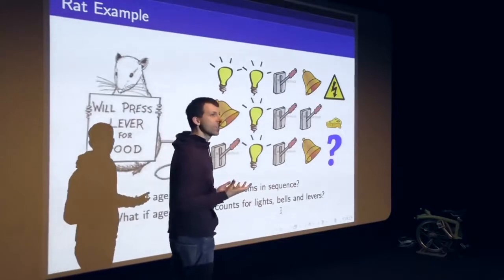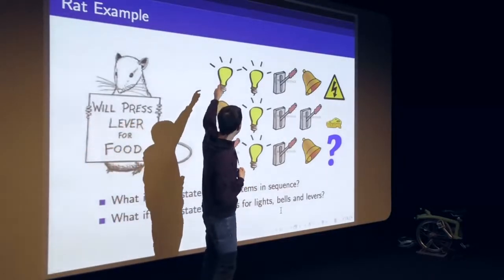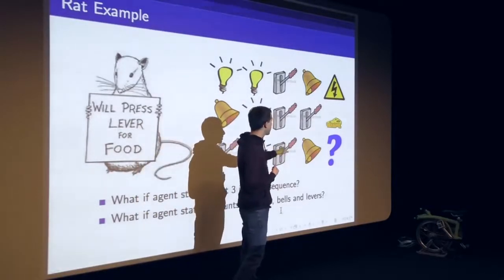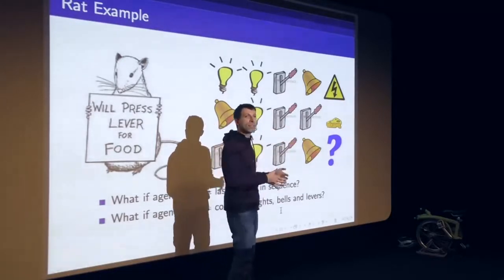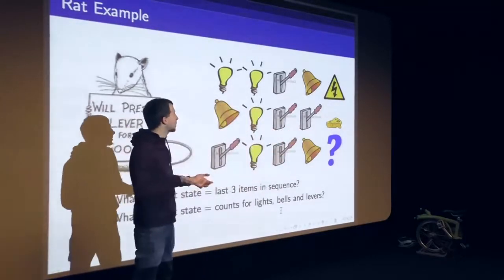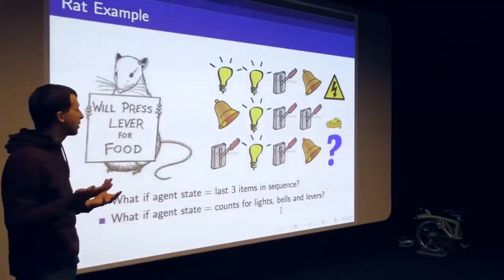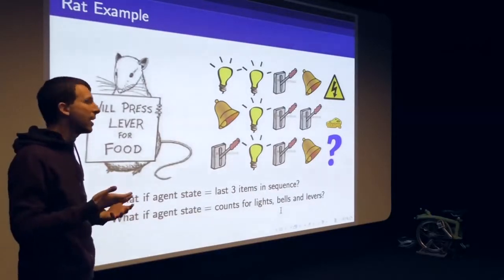So if that was your agent state, then you might count them up and say, hey, look, in this example, we see the lever being pressed twice, the light has come on once, and the bell's sounded once. So that's exactly the same as this second episode here. So if that's our representation of state, we would expect that the cheese would appear now. So it should be clear that what we believe will happen next depends on our representation of state.